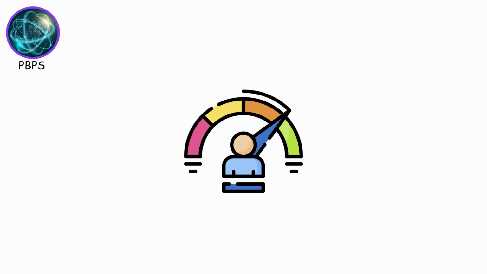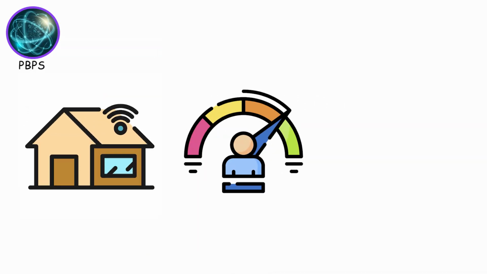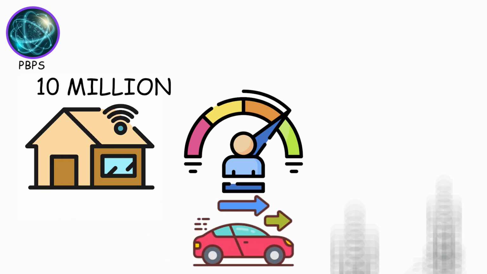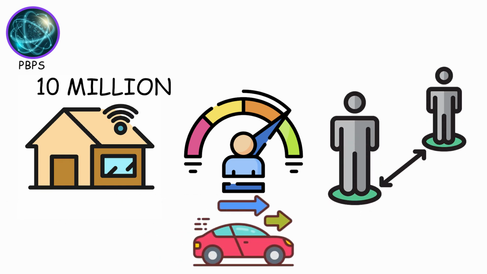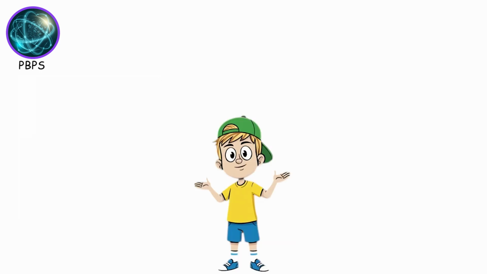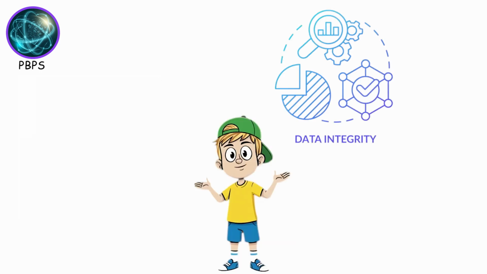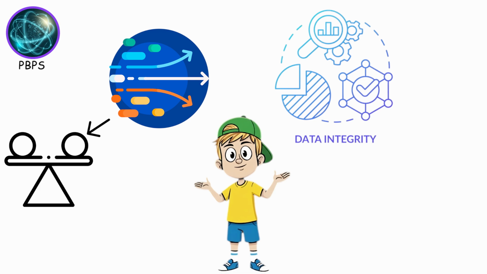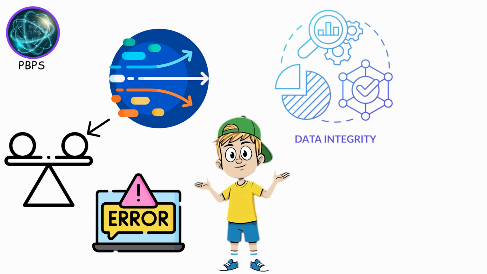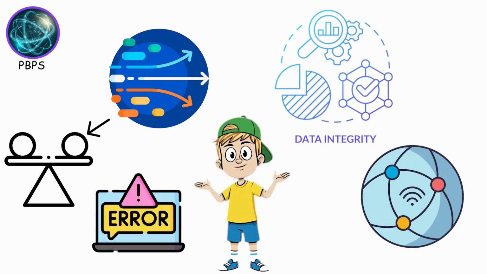That performance exceeds average home internet speeds by 10 million times. At these velocities, physical distance becomes less significant. What matters instead is maintaining data integrity, keeping those massive flows stable, error-free, and synchronized across global networks.